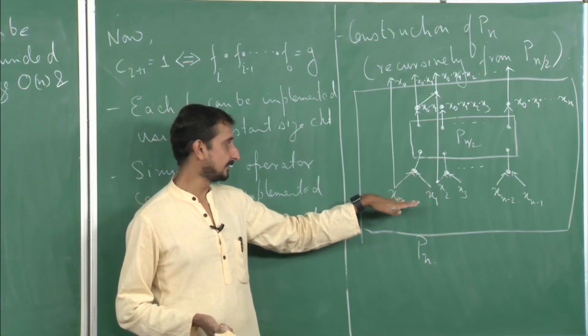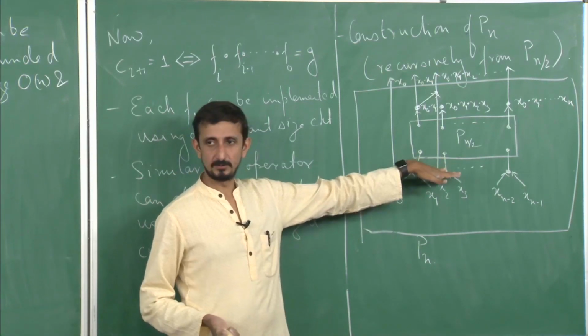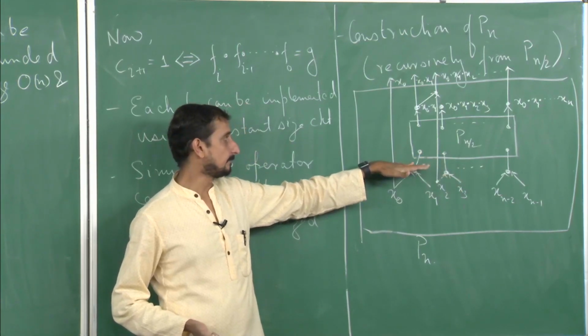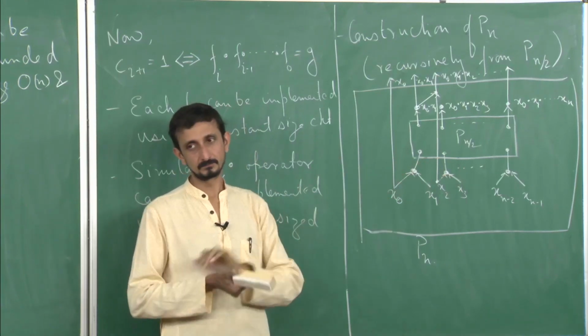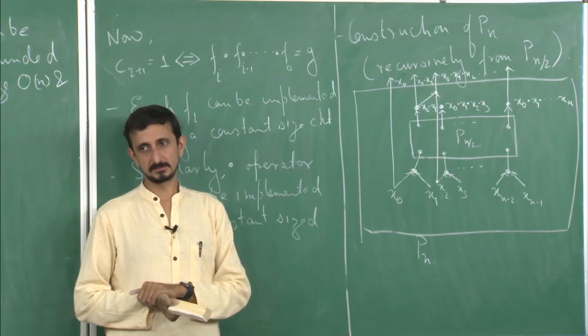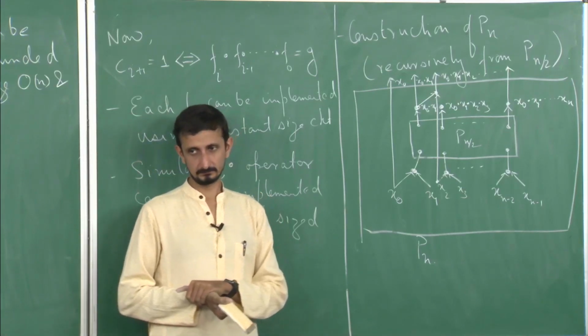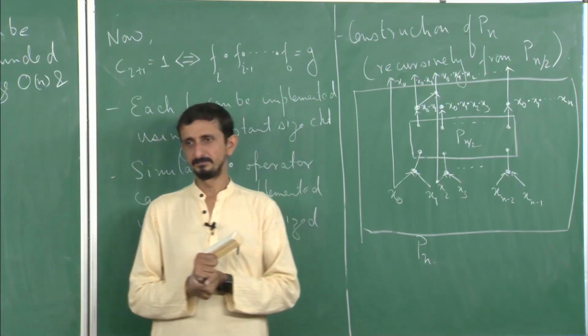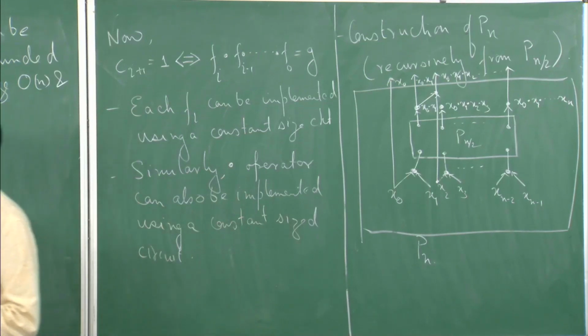Whatever we have over here, that is being used in Pn by 2, whatever the inputs of Pn by 2 are, we are just going to combine. Yes, or Pn by 4. So, it is a recursive procedure. Any other questions?